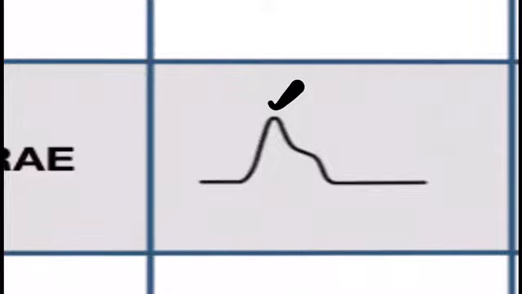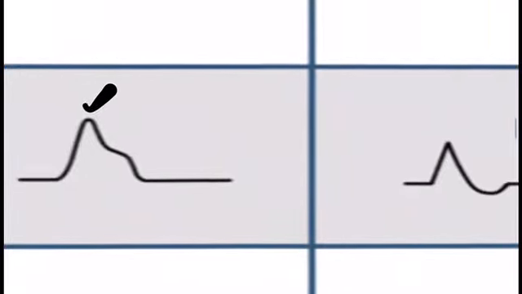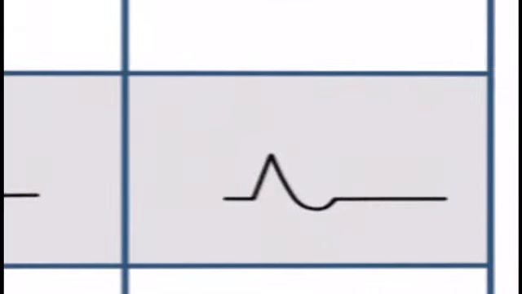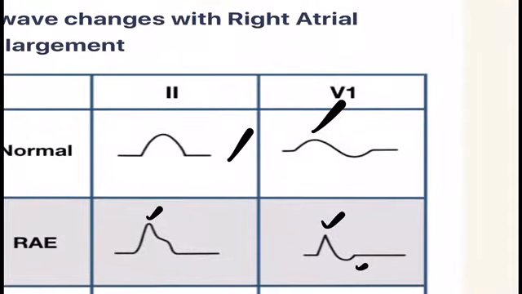The earlier part will show the peak, and it is simple because the first part is influenced by the right atrium, so there will be a peak in the first part of the P wave, and there will be no change in the later part of the P wave in the V1 lead, okay.